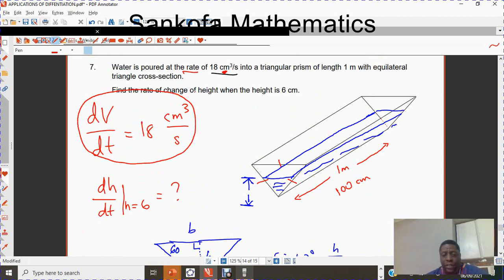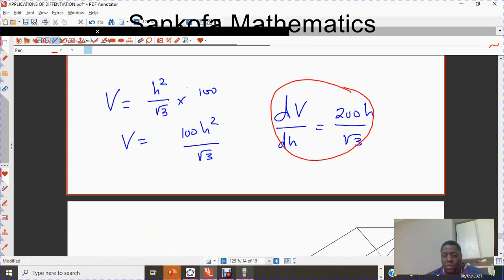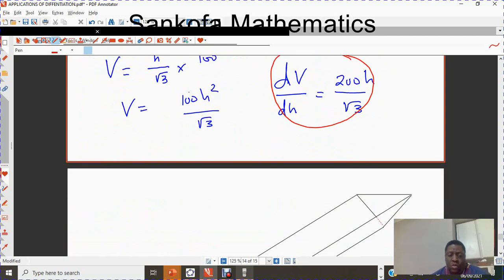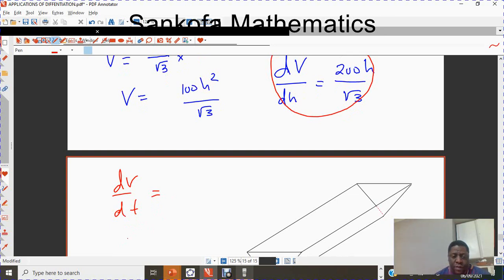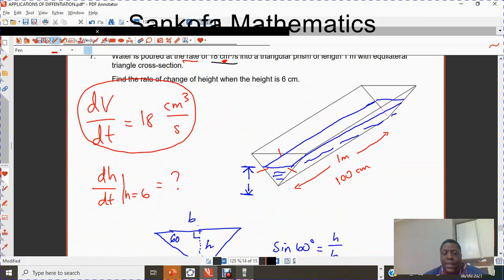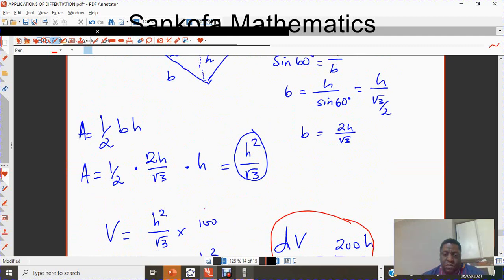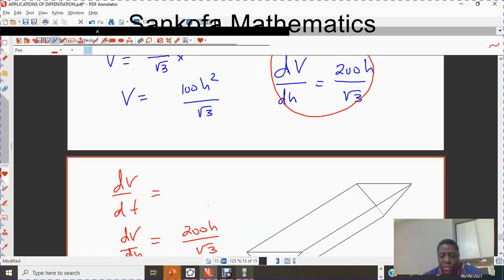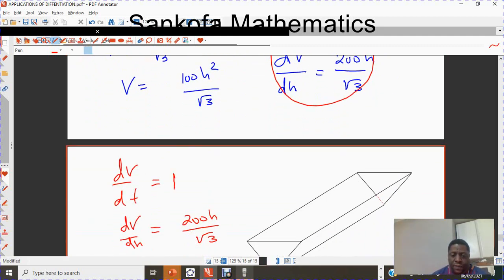So we have dV/dh, which is 200h over root 3. dV/dt was 18 cubic centimeters per second. So that was 18.